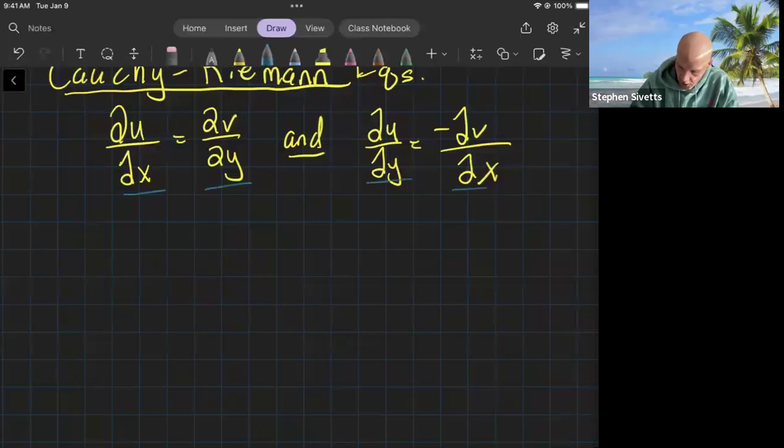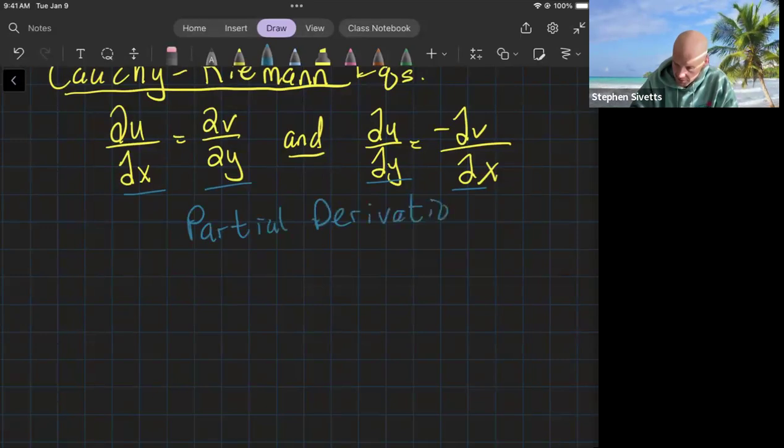All right. So these here involve what are called partial derivatives, since we have functions u and v that are multi-valued. They are functions with respect to two independent variables, x and y. We can take a first order partial derivative. So first order here just means differentiating once.